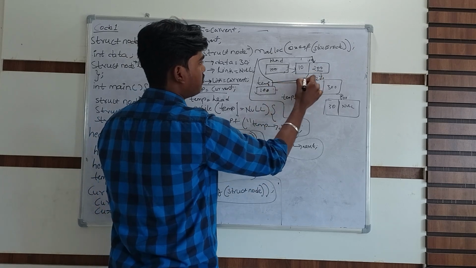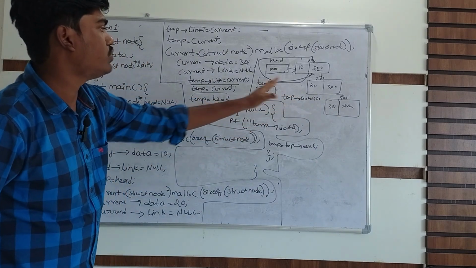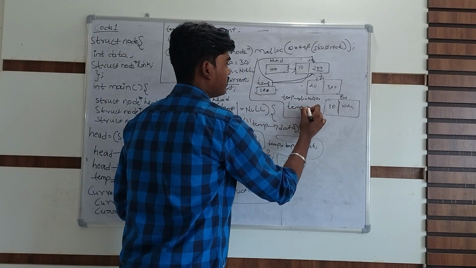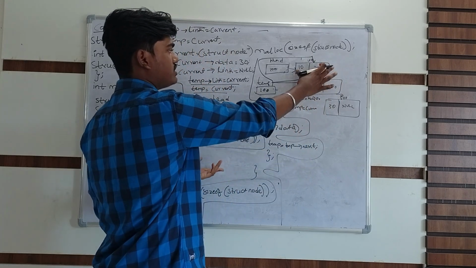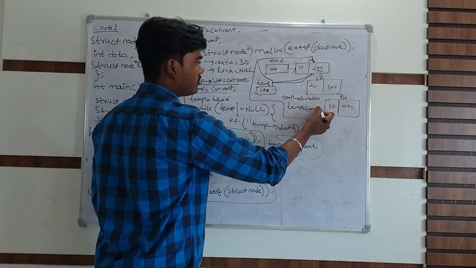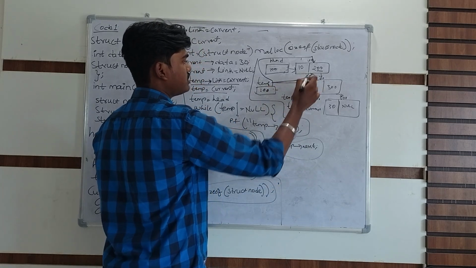Temp link is 200. Now we have to store this 200 into temp. That's why we are using temp equal to current. This is the current node that we created for another node. Similarly, now temp is connected to this.